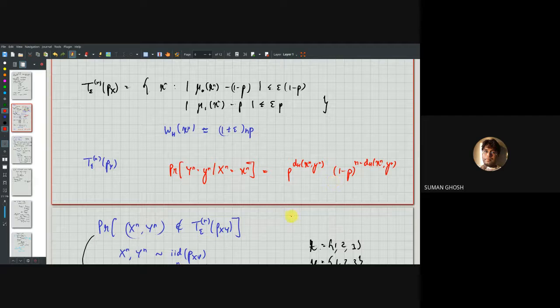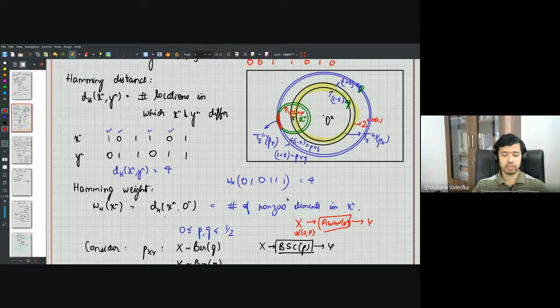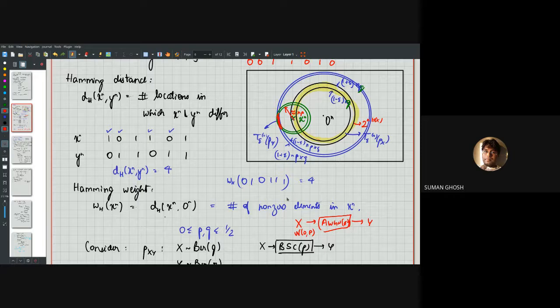Yeah, that I understood. But then that red color region is the jointly typical region, right? Yes, it is a jointly typical region. Okay, so then y belongs to that jointly typical region, given x is in the typical region. Correct.